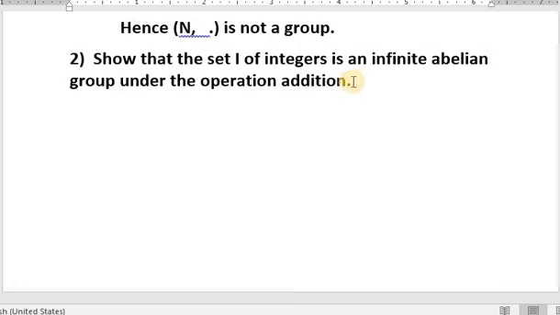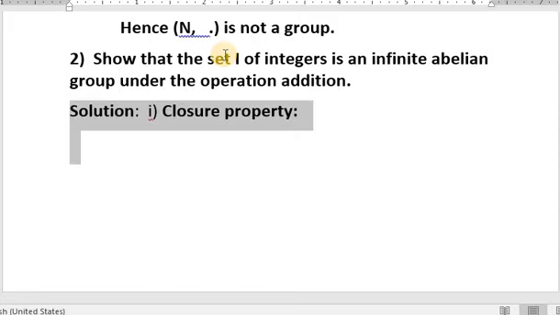So here the binary operation is addition. So the set of integers is an infinite abelian group.